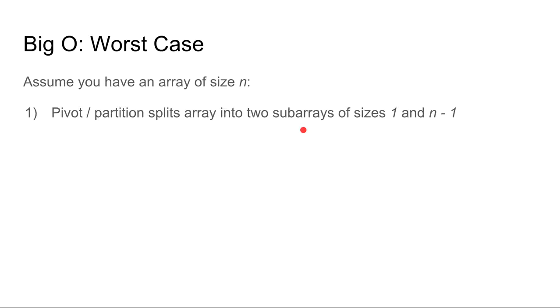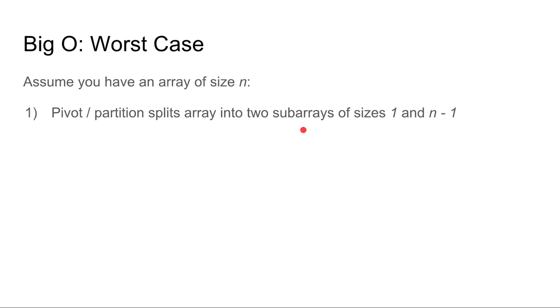Moving on, we will look at the runtime of this algorithm in separate cases. We will assume that we have an array of size n, because that is the standard for big O notation. In its worst case, we will run through these following quicksort steps. Our first partition of the array will split our array into 2 subarrays of sizes 1 and n-1.